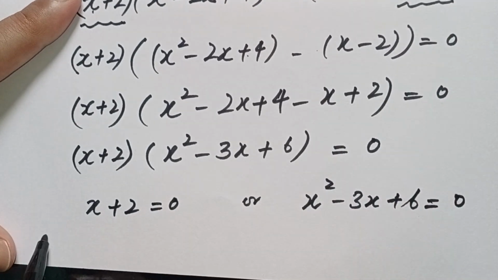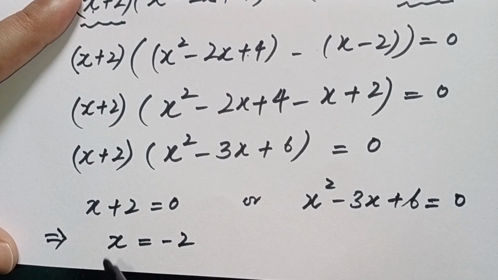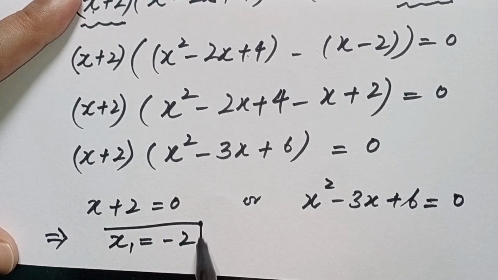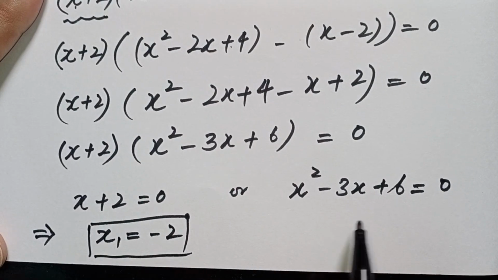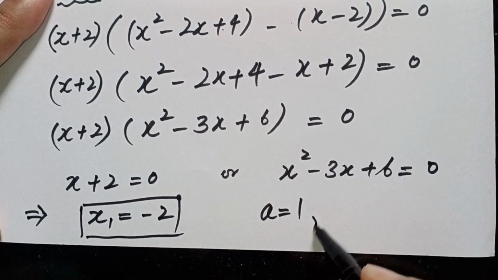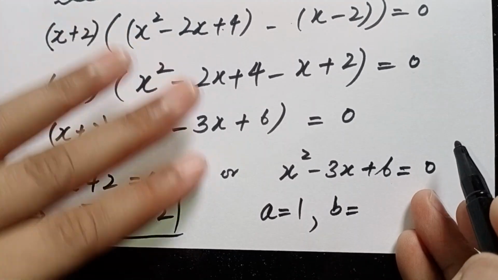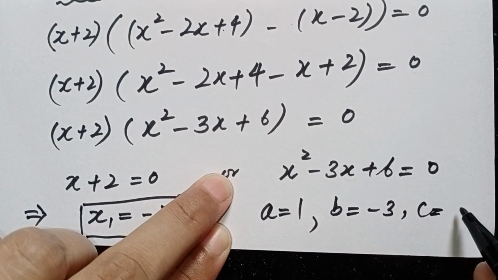From the first one, we have x is equal to minus 2. It is the first value for x. We have x1 is equal to minus 2. And the other equation is a quadratic equation. Here we have a is equal to 1, b is equal to minus 3, and c is equal to 6.